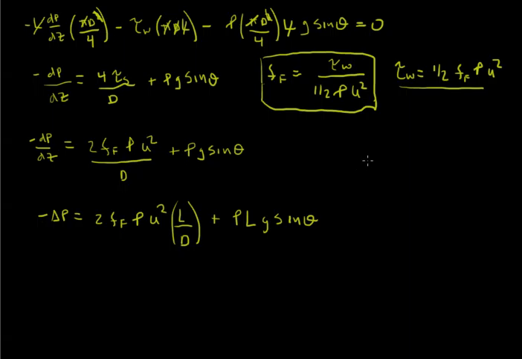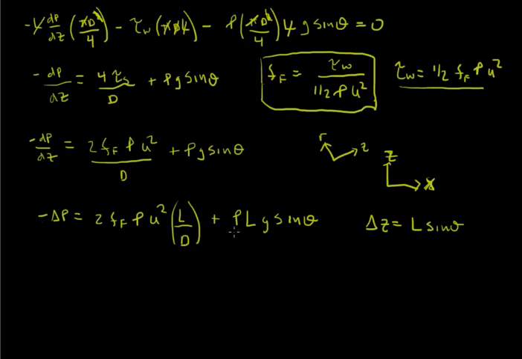Okay, and then what I want to do now is just go ahead and redefine my axis. If you can remember, the axis was defined like this, R and Z. So now I'm just going to redefine the axis like this. I'm going to call this Z, and this will just be X. So X is the horizontal, Z is the vertical. By doing that new definition, I can now say that delta Z is equal to L sine theta.